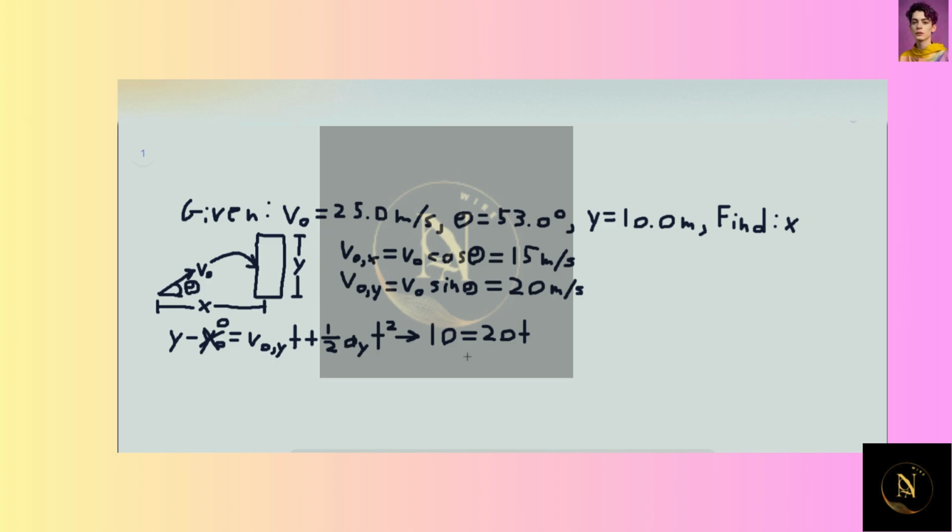So I have a plus 1/2 times negative 9.81 t squared.